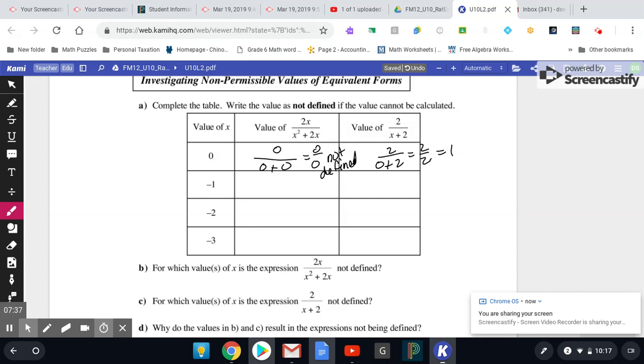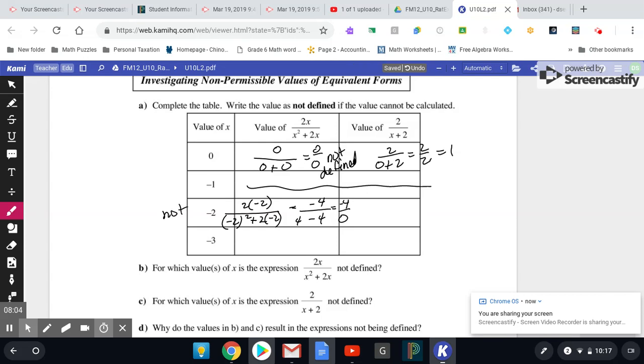So let's carry on with this. Let me just tell you that both of these work, so we're going to skip those. But let's plug in a negative 2. If I plug in a negative 2 everywhere there's an x, I'm going to get negative 2 squared plus 2 times negative 2. This is going to be negative 4, positive 4 in the bottom, minus 4, not defined.